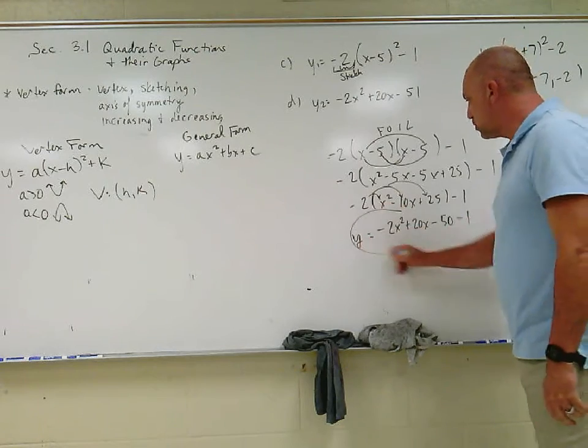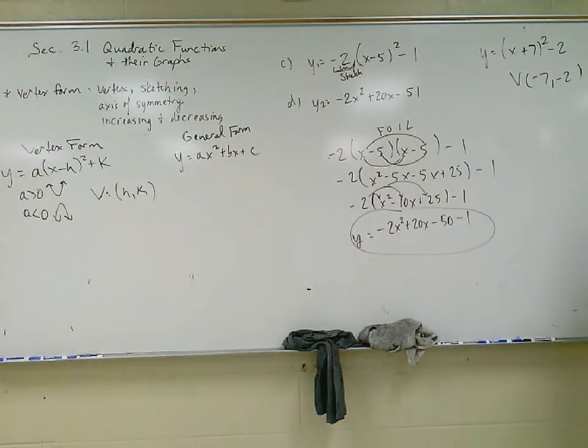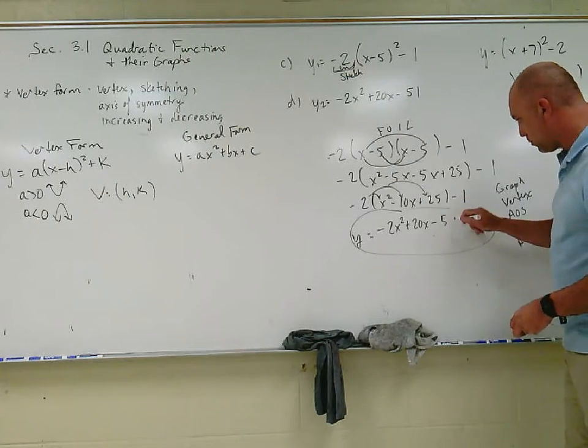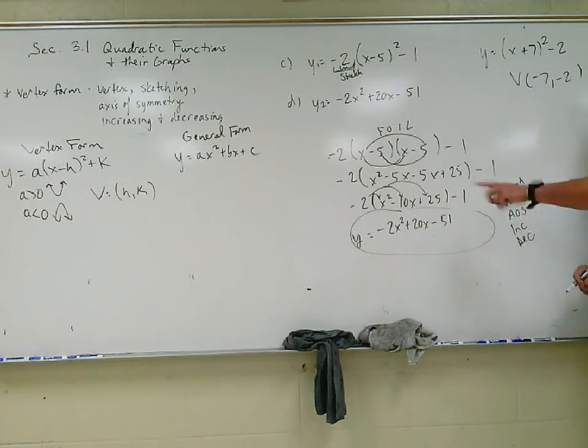All right, but here's the problem. If I just give you this, it's kind of hard. We still want to be able to graph, we want to be able to find the vertex, the axis of symmetry, and increasing and decreasing. What's hard about this, sorry, this turns into a -51, right? What's tough about this is we don't know the what?